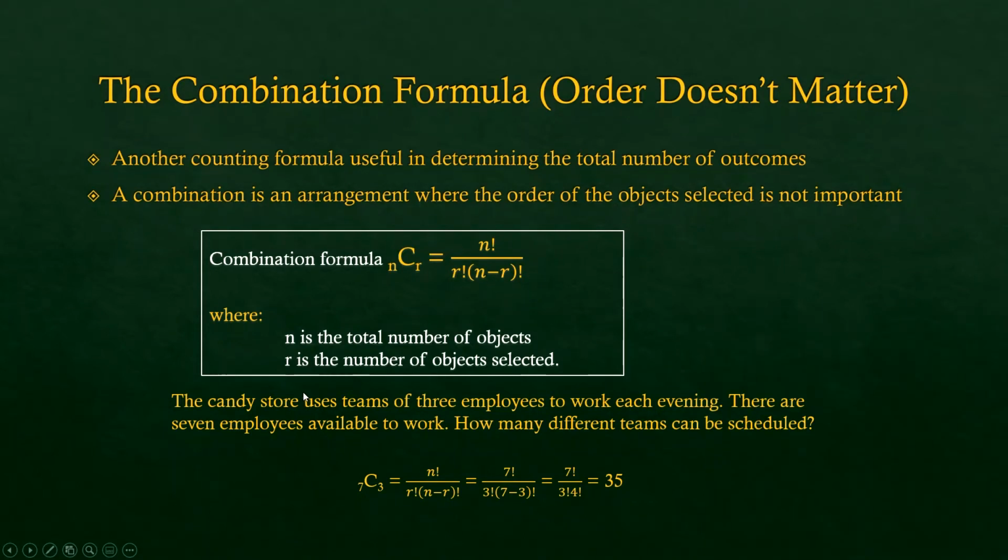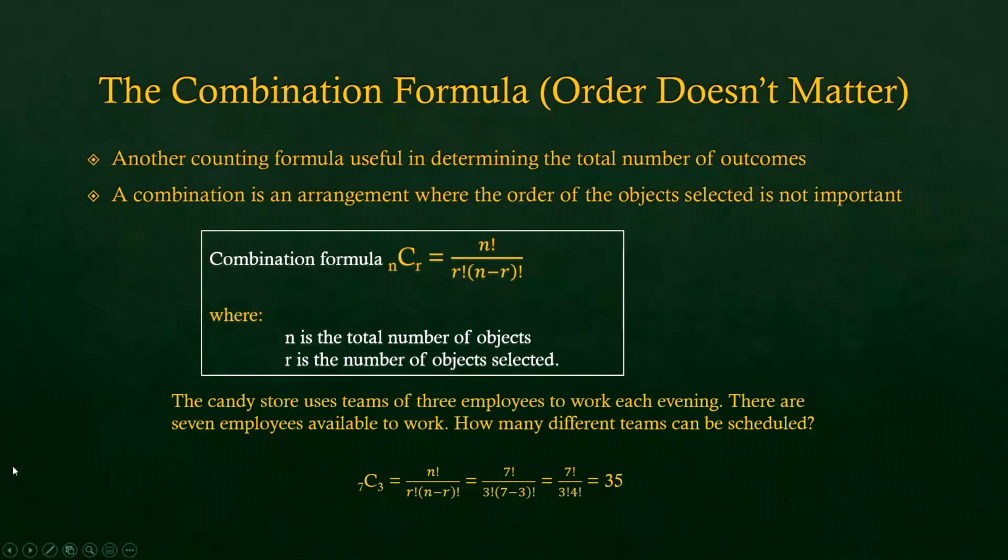Okay, for instance, the candy store uses teams of 3 employees to work each evening. There are 7 employees available to work. How many different teams can be scheduled? It doesn't matter who's scheduled or when they're scheduled. All that matters is that they are scheduled. They're all equal. There's just a total of 7 people, and 3 can be chosen at a time.